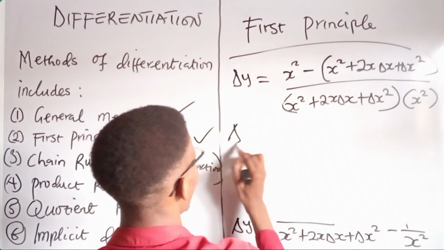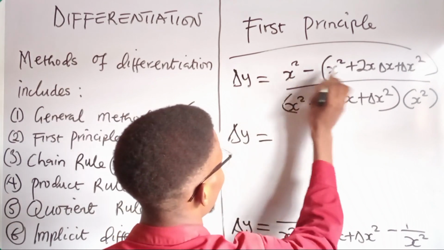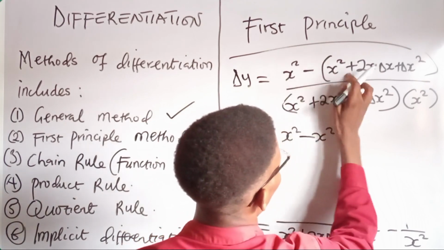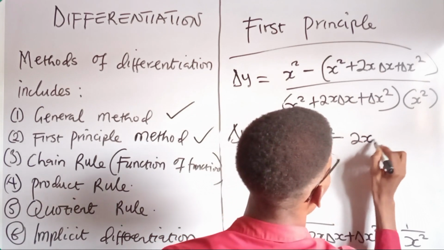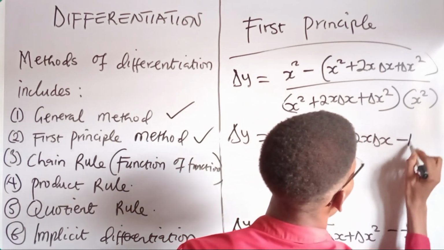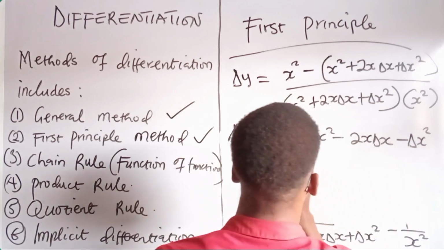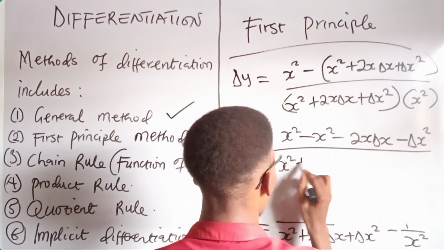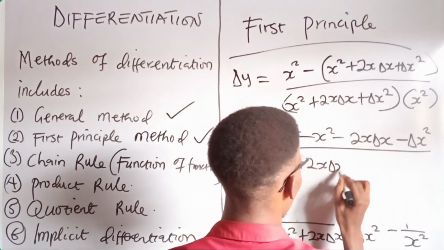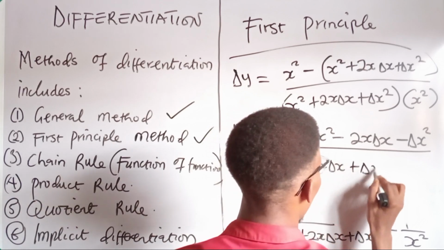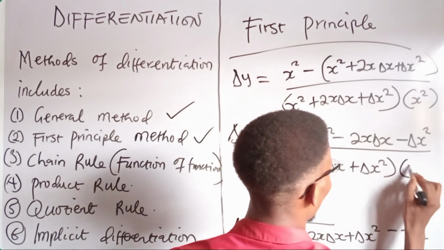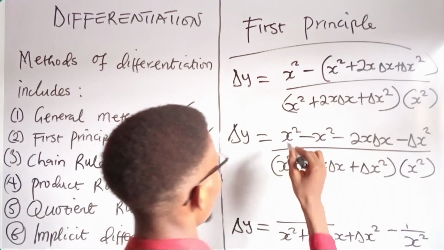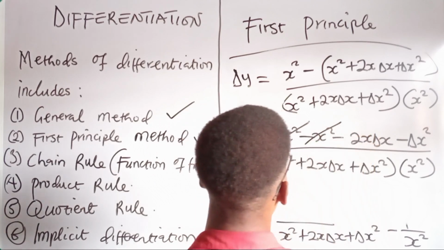Which will give us change in y is equal to s squared minus s squared minus 2s change in s minus change in s squared, all divided by s squared plus 2s change in s plus change in s squared, bracket s squared. Okay, so now this and this can go.